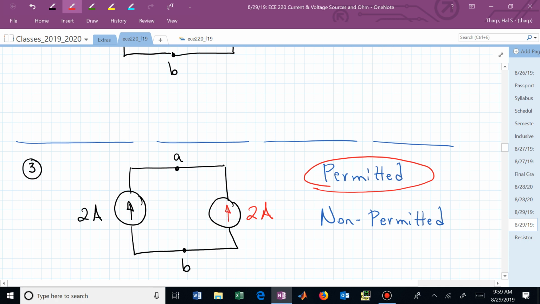And is it permitted? Well, I'm getting ahead of myself in the explanation. This will violate Kirchhoff's current law. Now what would we have? We would have 2 amps coming in and 2 amps coming in, and there's nothing going out. So now we're accumulating charge at that node, and we can't do that.